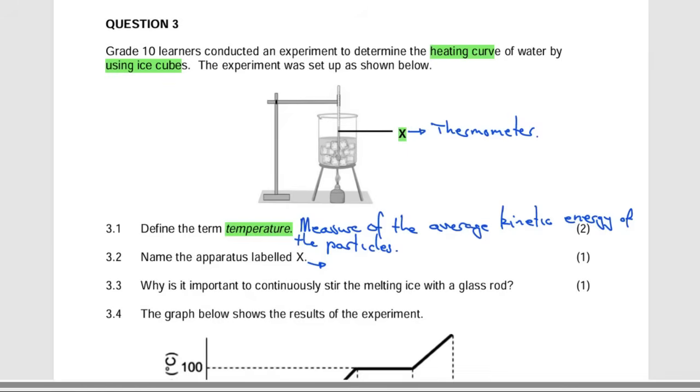The reason we're stirring is to distribute heat evenly, as the ice is melting. So to distribute heat evenly in the beaker. That's our reason behind it.